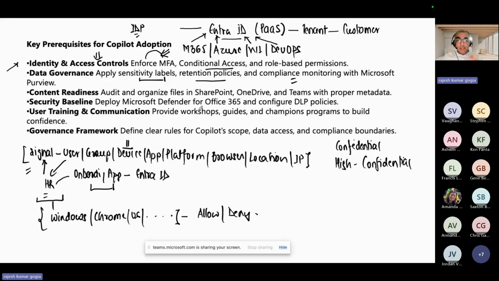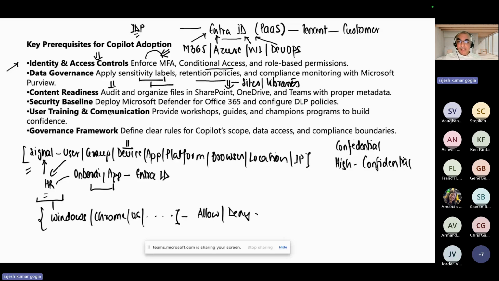So overall, for content readiness, you're going to enable some sort of auditing. And the best approach says, why not organize the files? SharePoint becomes one location, which is quite often recommended. Within SharePoint itself, you can have sites and libraries, and all of these libraries can be organized.